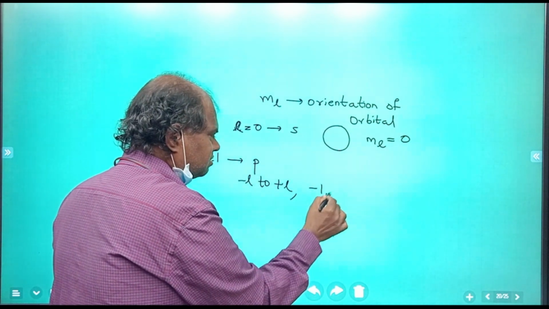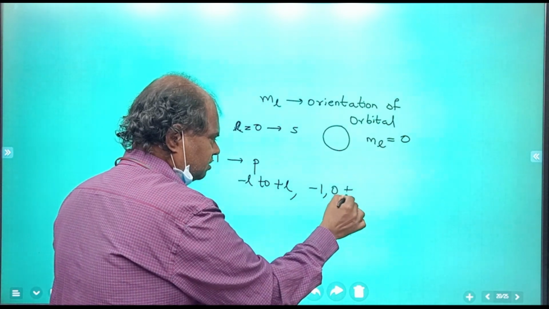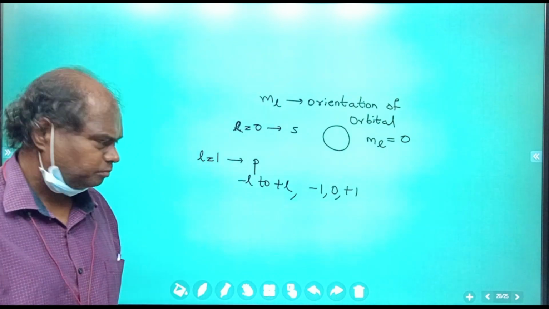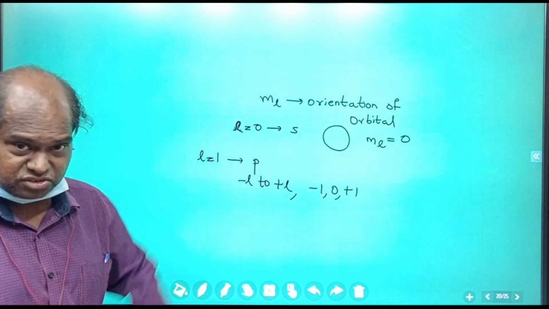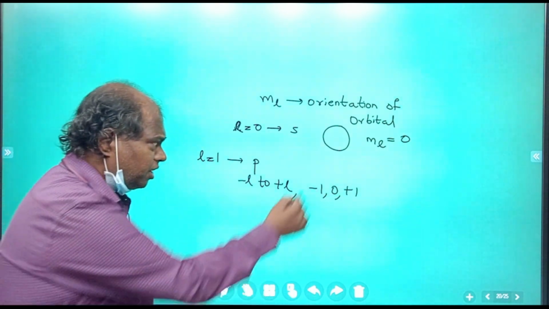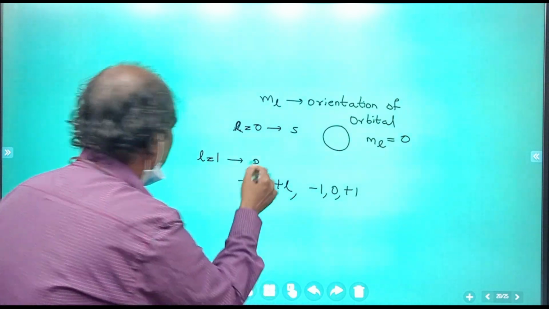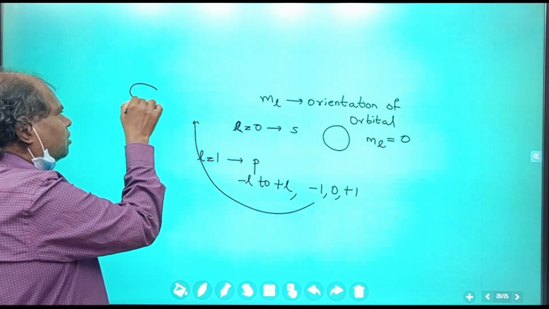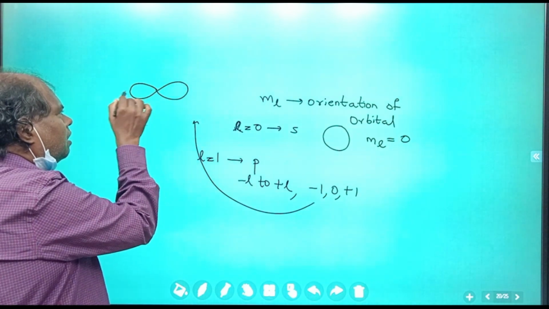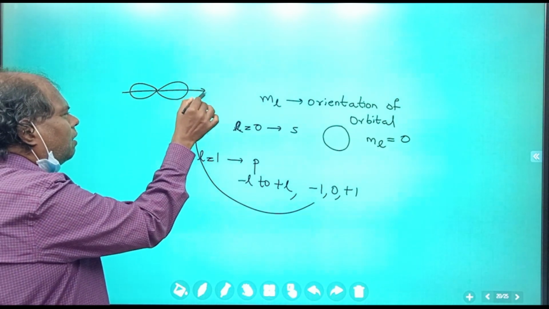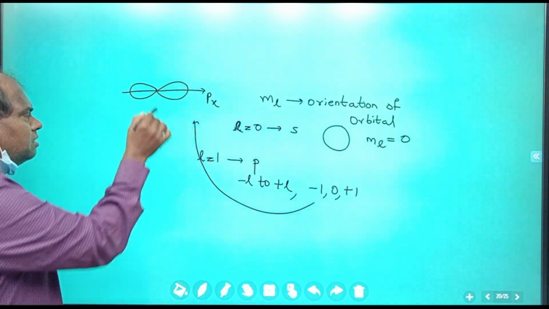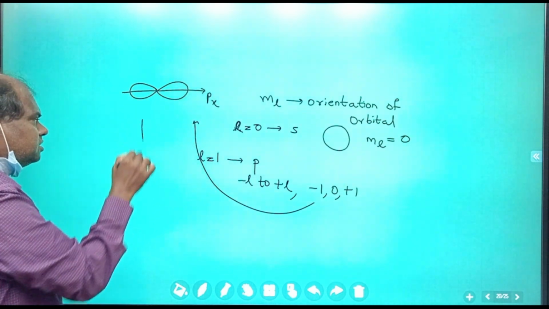So minus 1, 0, plus 1. 3 values, right? 3 orientations. You can draw those orientations now. How will you draw it? Let me draw it here. This is your px, right? This is px, fine. Along the x-axis, right? This is py.